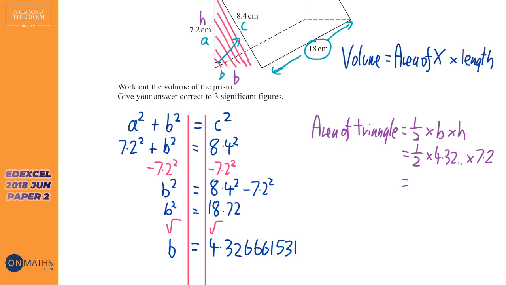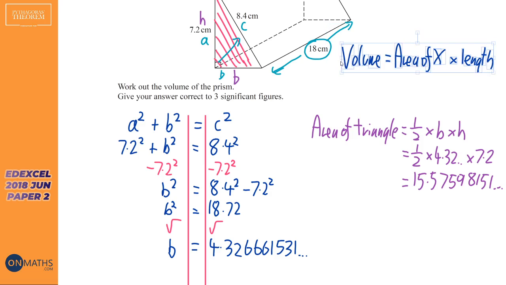So what I'm going to type in now is times 0.5, because that's a half, times 7.2. Press equals, and that gives me the answer of 15.57598151 blah blah blah. Okay, and I should re-put the ellipses there just to show that I've kept the precision, I've not rounded it. So that's the area of the triangle, the area of the cross section.